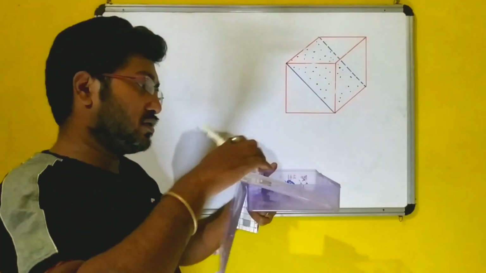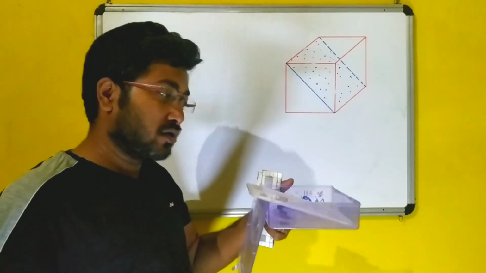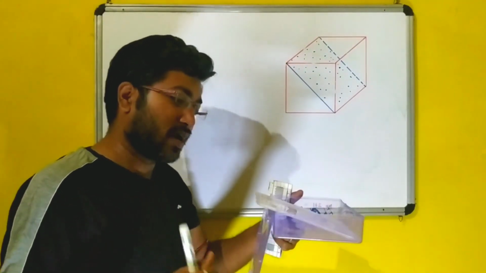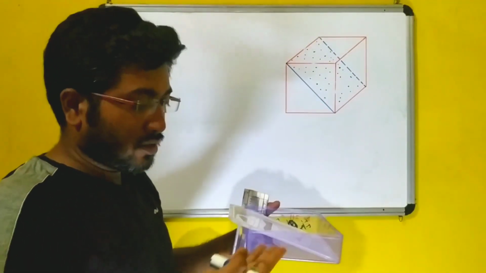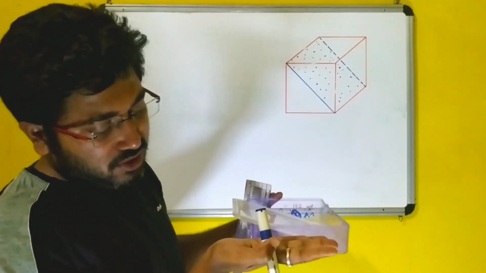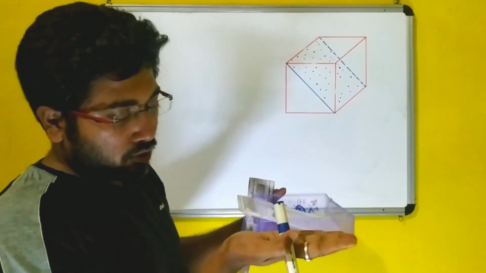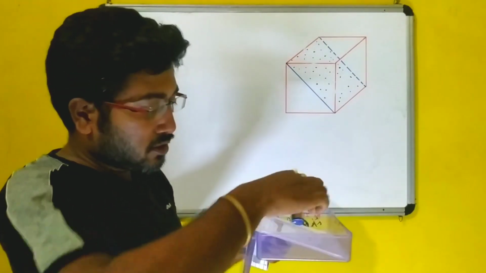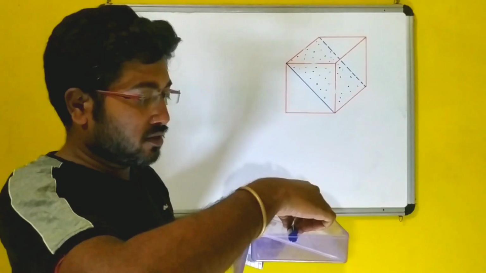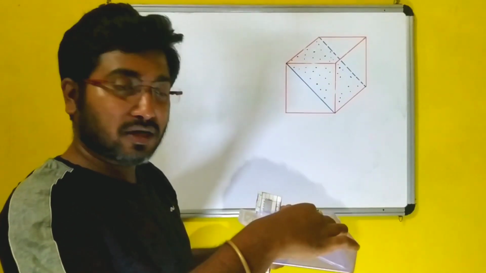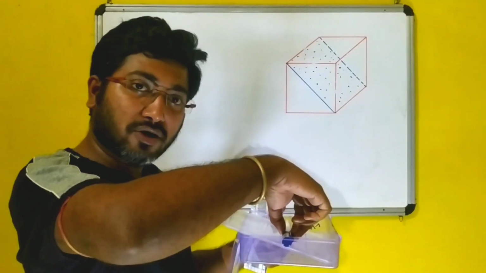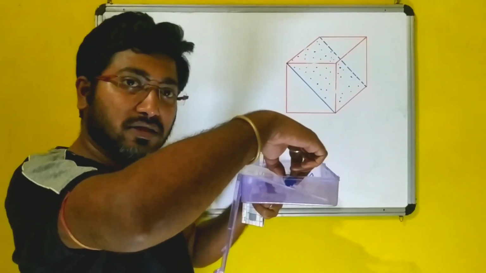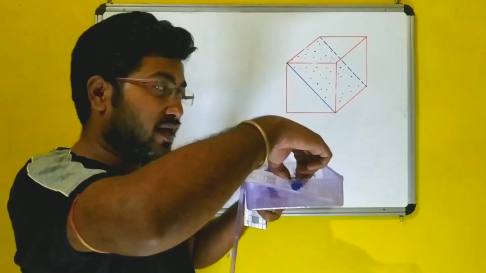Suppose this is the inclined plane. The strike line on that will be the intersection with the horizontal plane. So suppose I am imagining one horizontal plane through this, so it will intersect with this inclined plane, forming this straight horizontal line, and this is the strike line.